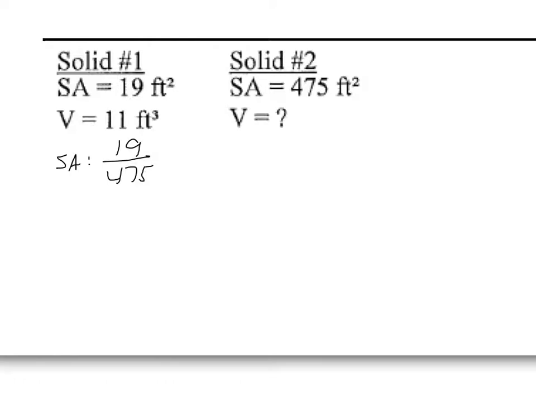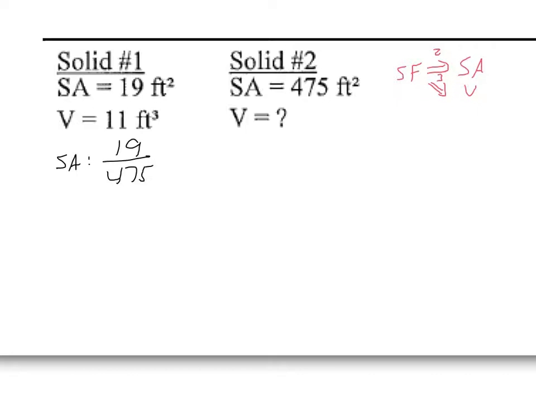If I give you the scale factor, from that, if you square it, you can get the ratio of surface areas. If you cube it, you get the ratio of volumes.